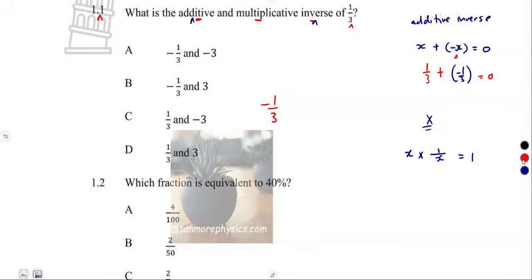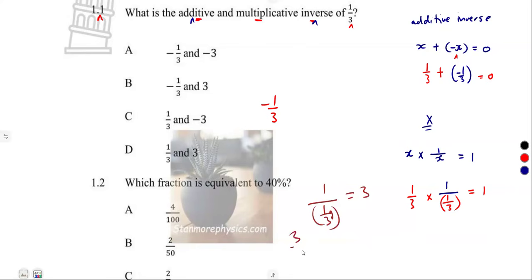In our case, we are given our number as 1 over 3, so it must be multiplied by 1 over that number, in order for us to obtain a 1. So 1 over 1 over 3 is equal to 3.